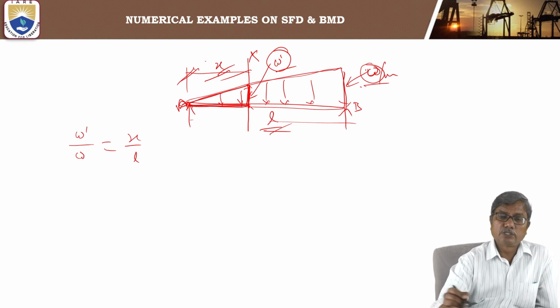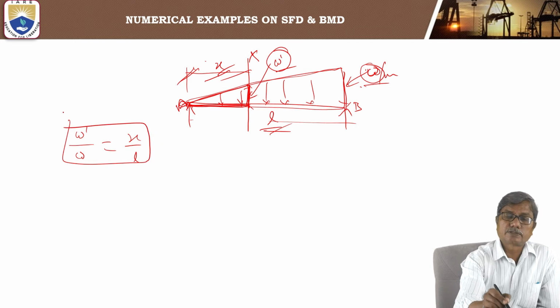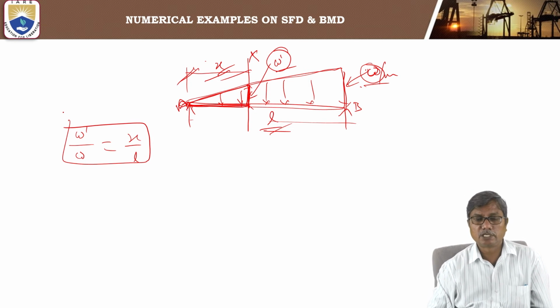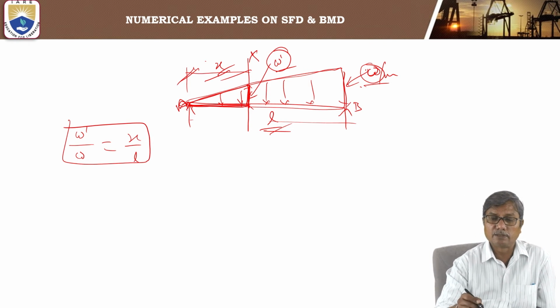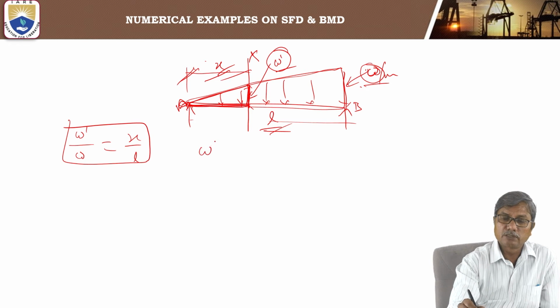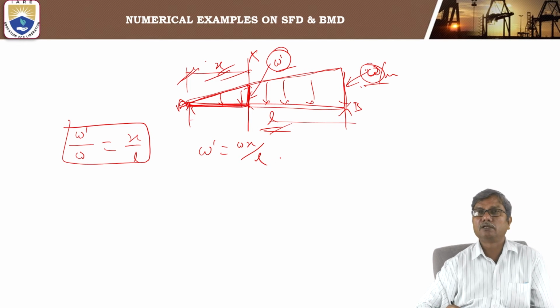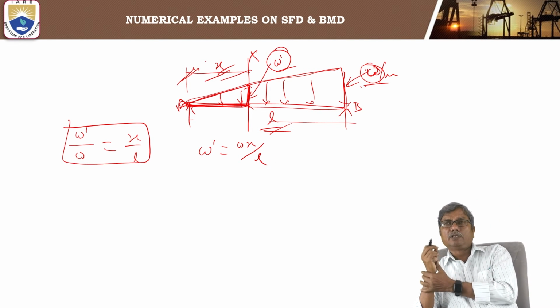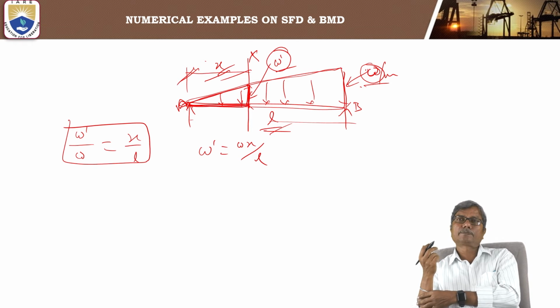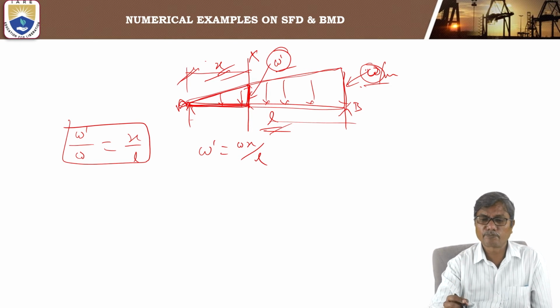So the property of similar triangles gives W dash by W equal to x by L. So from this, W dash is equal to Wx by L.